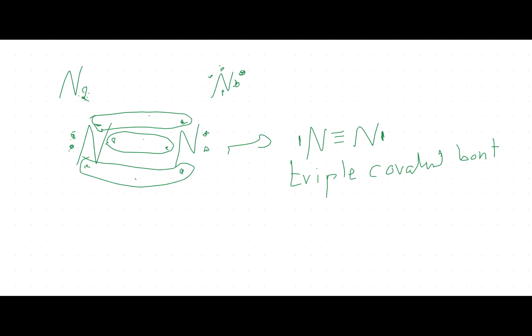If the elements are from group 5, 6, 7, so they make a covalent bond. Elements from group 5, 6, 7 make covalent bond.